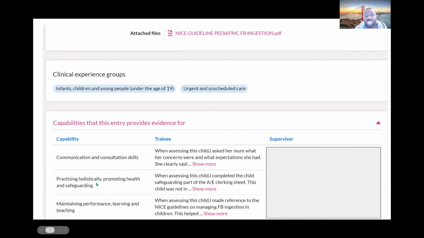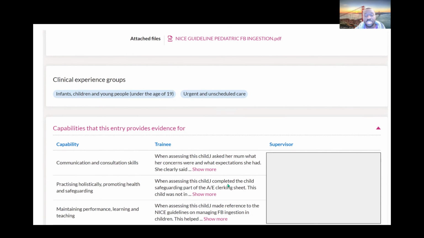I also chose practicing holistically, promoting health and safeguarding, because this was a child who had purportedly swallowed something. So we needed to make sure this child was safe at home, was being properly looked after by the parents. I mean, we're like, okay, fine.